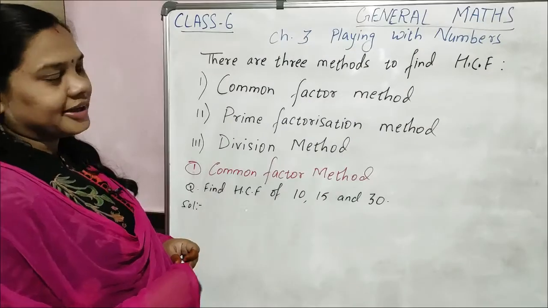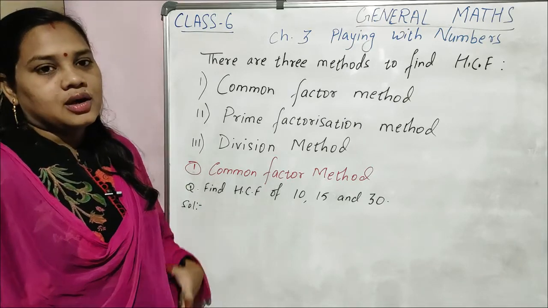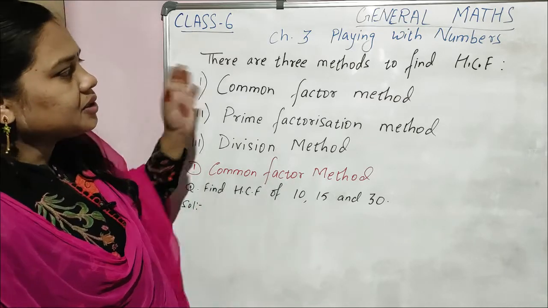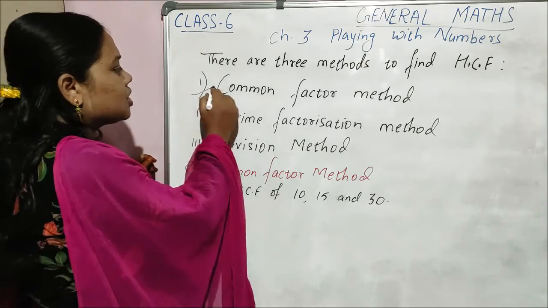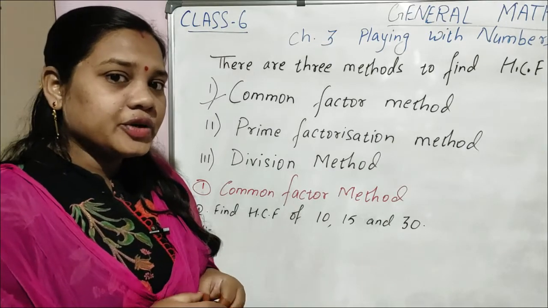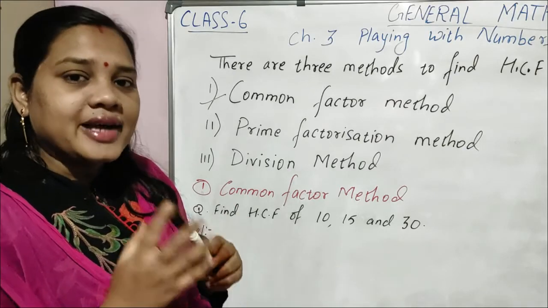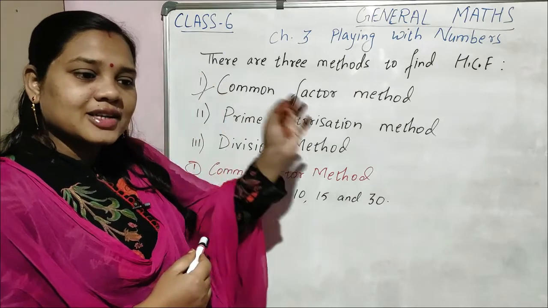So children, next we will discuss the methods to find HCF. What are the methods to find HCF? In total there are 3 methods. The first method is the common factor method. In the common factor method, we first write the factors of the given numbers whose HCF we have to find, and then we find the common factors.